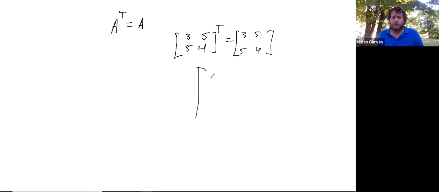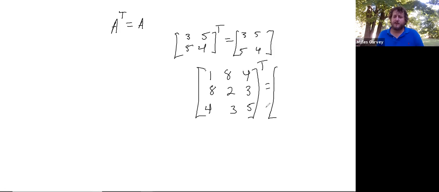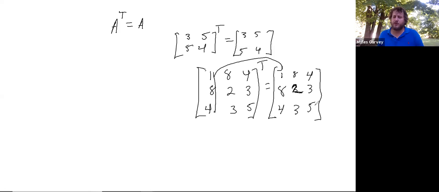If we do 1, 8, 4, 2, 3, 5, 3, 4, 8, and I take the transpose of that, again, this now becomes the first row, so I do 1, 8, and 4, right? 8, 2, and 3. And 4, 3, and 5. So I construct that matrix from there. But notice I get the same exact matrix back. So therefore, by definition, it is symmetric.